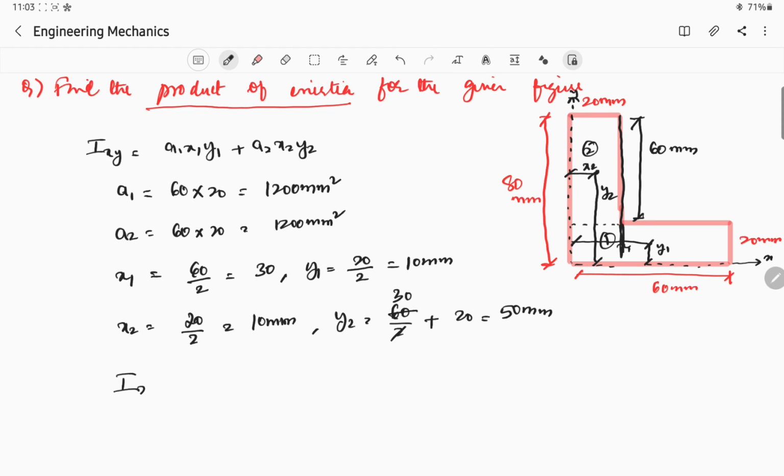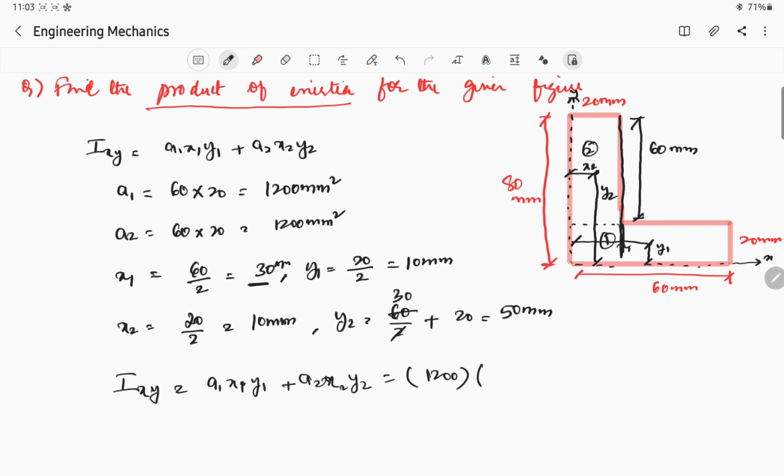So product of inertia, that is Ixy, is equal to a1 x1 y1 plus a2 x2 y2, which is equal to, what is a1 we have? 1200. What is x1 we have? See here, x1 is 30 mm.